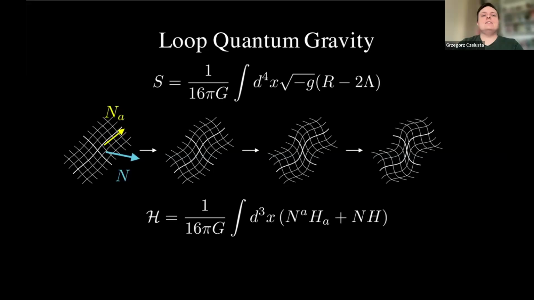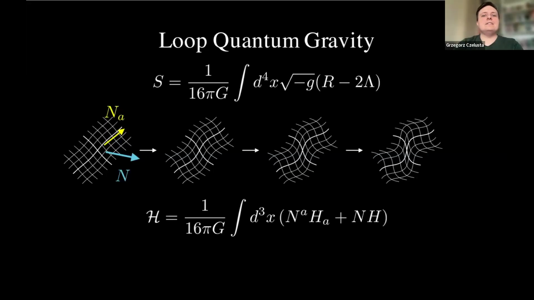And this Hamiltonian has a very special structure. It is a sum of constraints. In ADM formulation, we have the vector constraint and the scalar or Hamiltonian constraint. This H_a is the vector constraint and H is the scalar constraint.